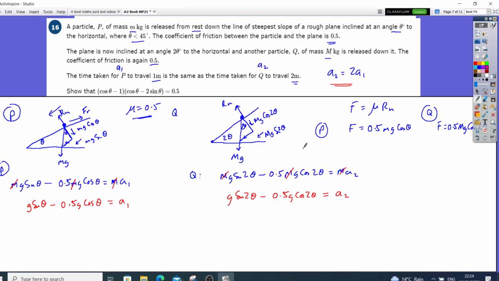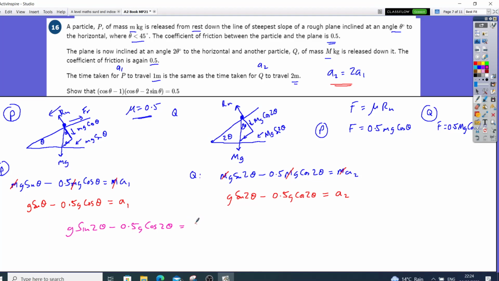Actually, that looks nice. So that a2 is going to be g sine 2 theta minus 0.5 g cos 2 theta, which is going to equal double that. So I'm going to get 2 lots of that.